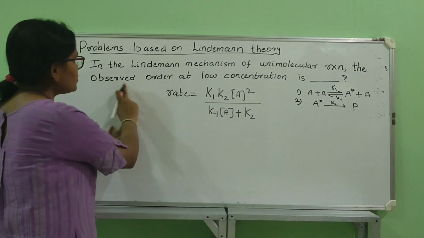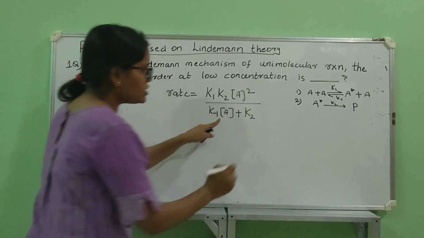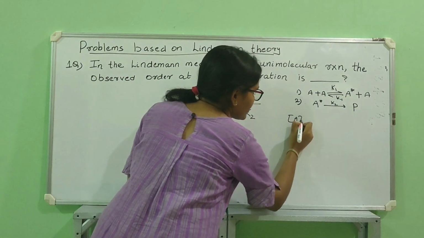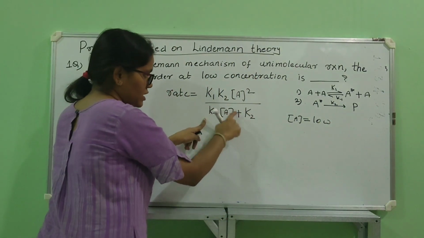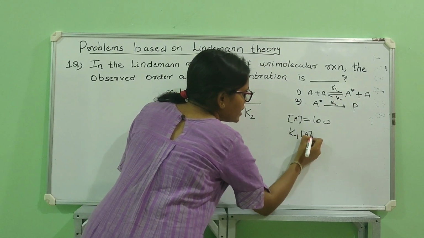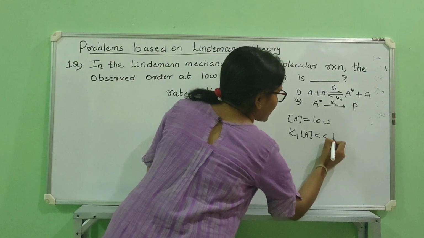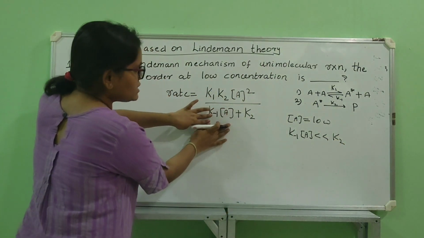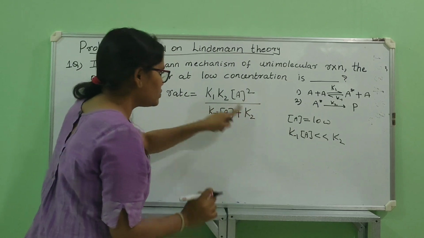So now we are asked to find the order at low concentration. So when the concentration of A is low, this entire term K minus 1 into A will be very less when compared to K2. So now you can neglect this term. K minus 1 into A can be neglected in comparison to K2.